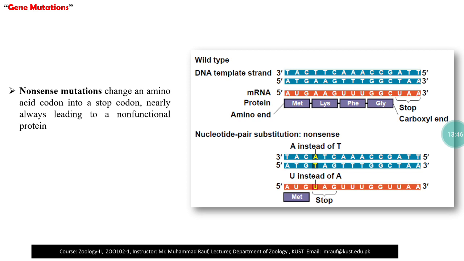The original codon represented an amino acid, whereas the newly mutated codon represents a stop codon. So this type of mutation will create a stop codon right in the middle of a gene, and there will be premature termination of translation, and a defective, incomplete, abnormal protein will be formed.